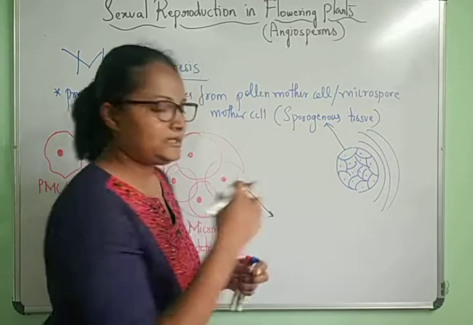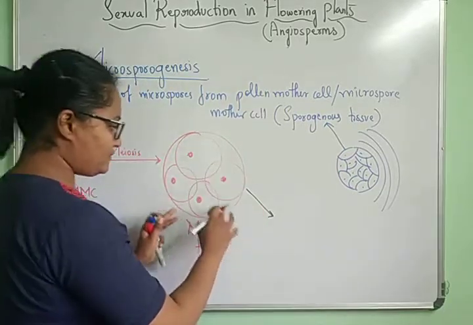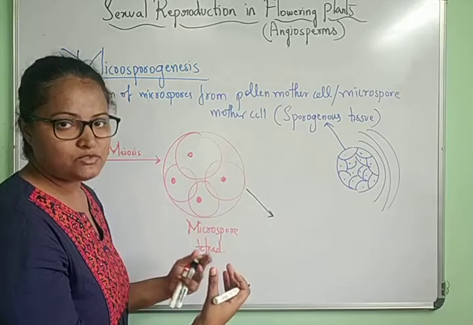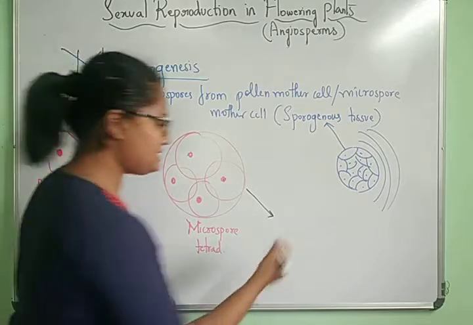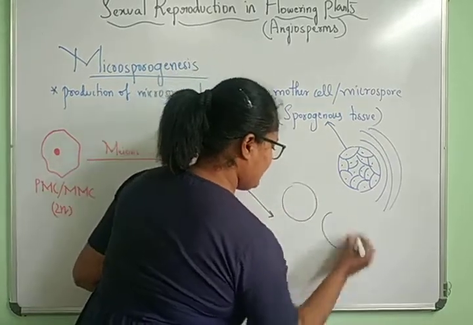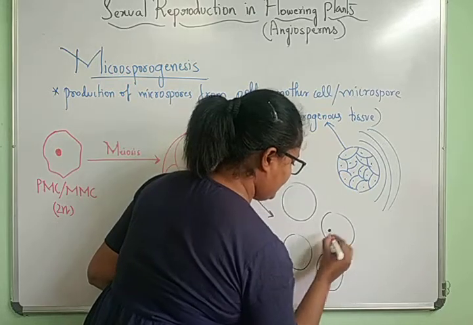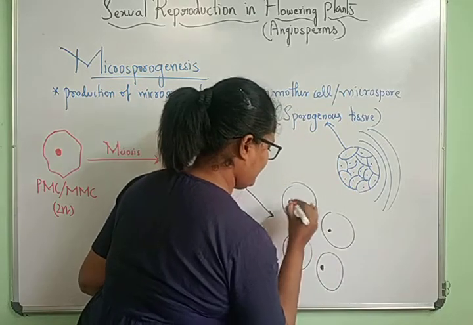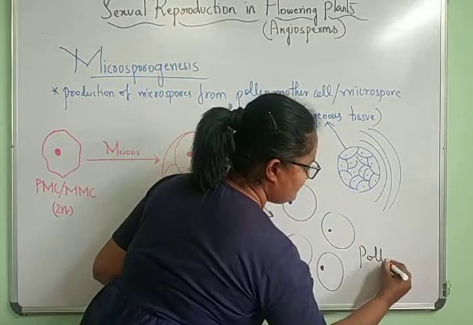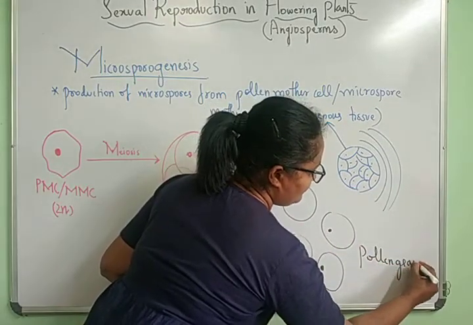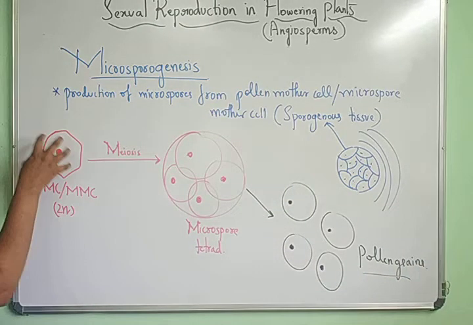Due to the dehydration in the anther, these microspores, which are also called a pollen tetrad, separate from each other, and they are now called our pollen grains.